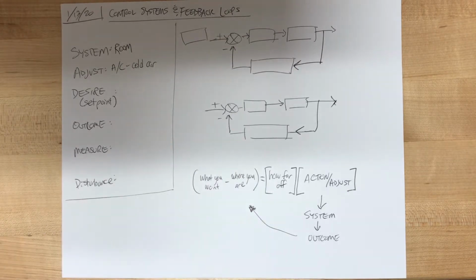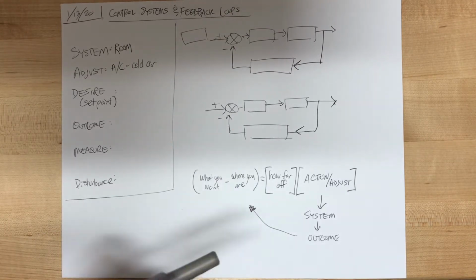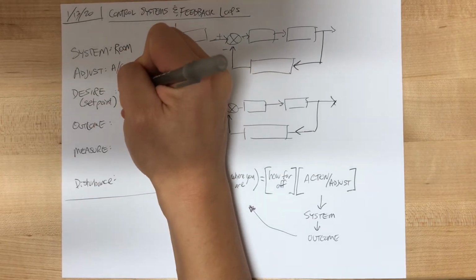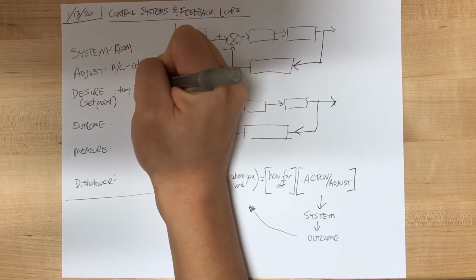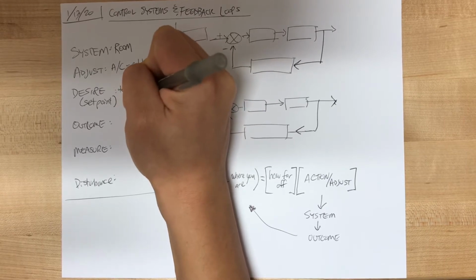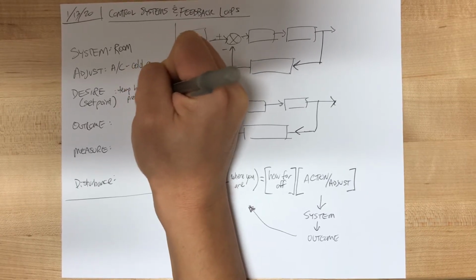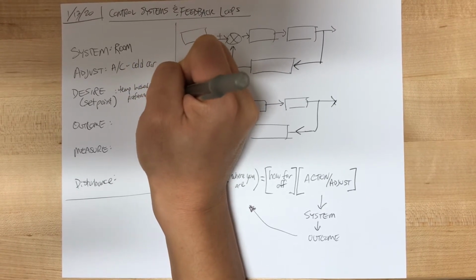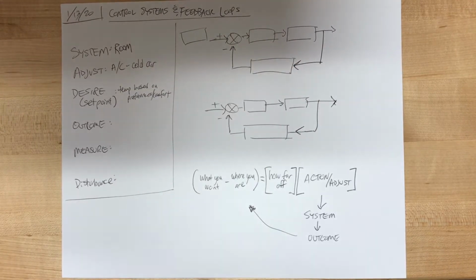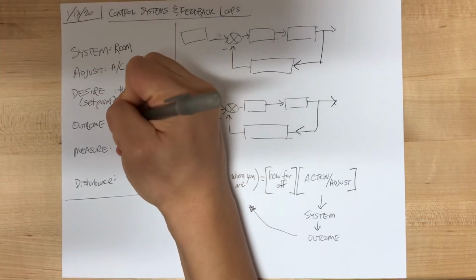Then you have a certain desired state or a set point. That temperature is going to be based on preferences and comfort. And people will differ in what they prefer, but that's not related to what we need to talk about. The outcome is, what is the temperature?